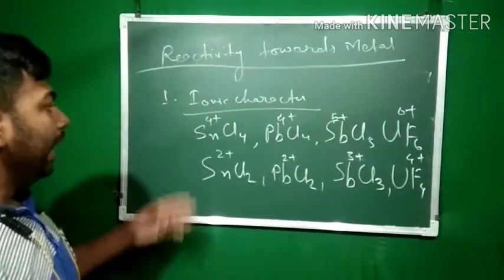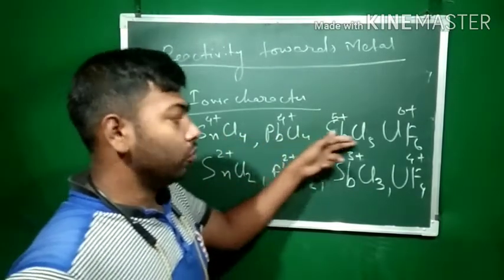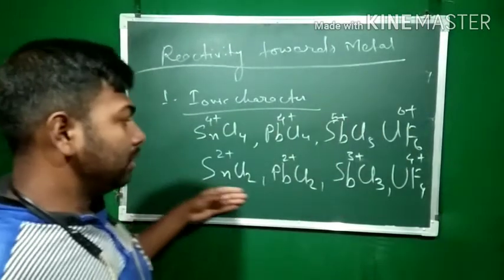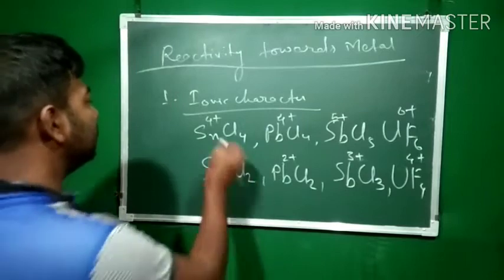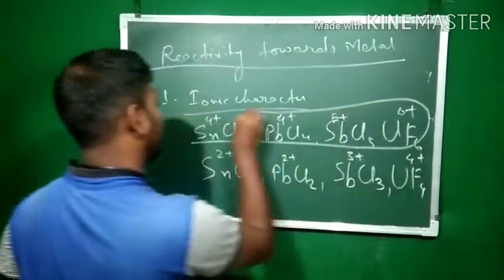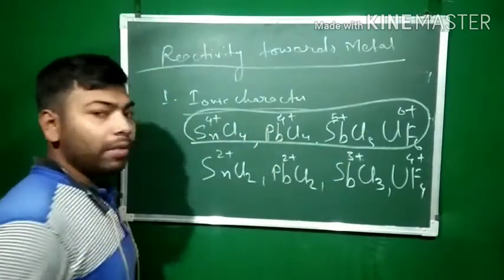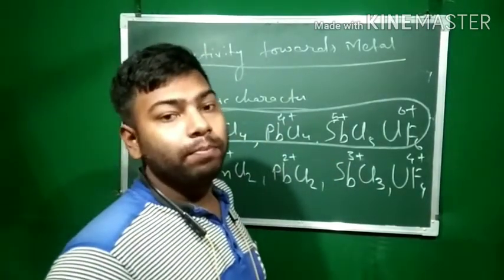Now see, the positive charge is higher in the upper compounds, but the lower compounds have the lower oxidation state. We are dealing with this metal atom, which has the higher polarizing power.